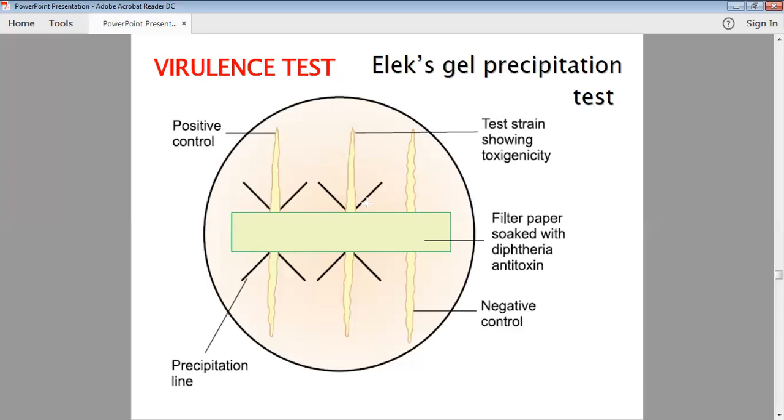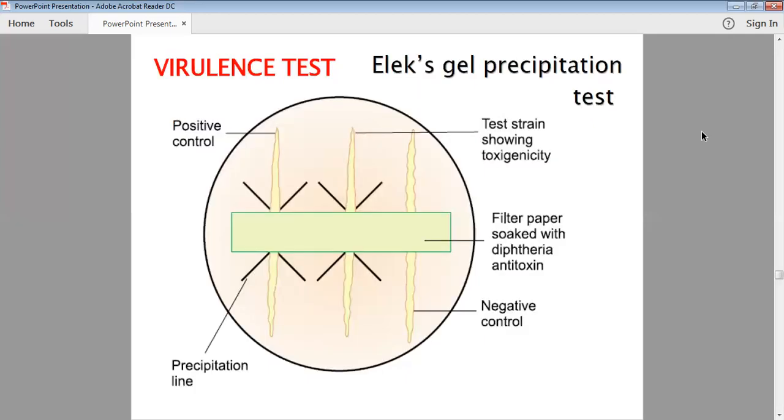Then the bacteria multiply and produce the toxin, and the antitoxin diffuses from the impregnated strip, and if both are homologous, then they form the line of precipitation. This is a precipitation reaction in gel, so the Elek precipitation test.